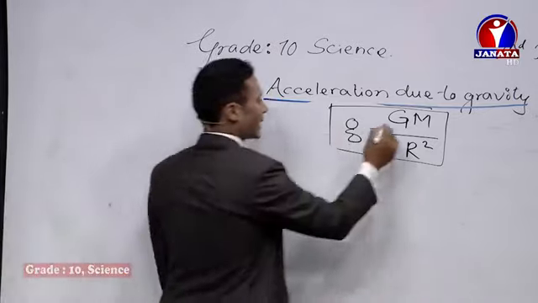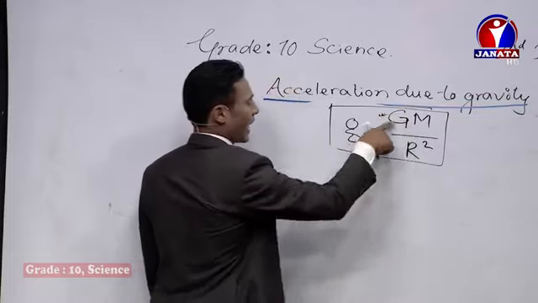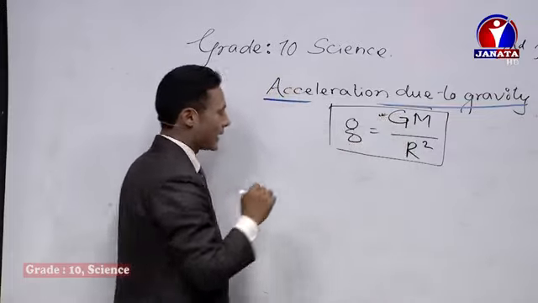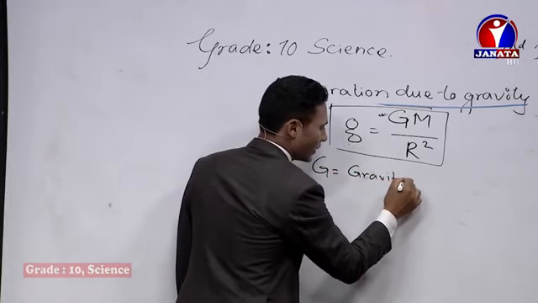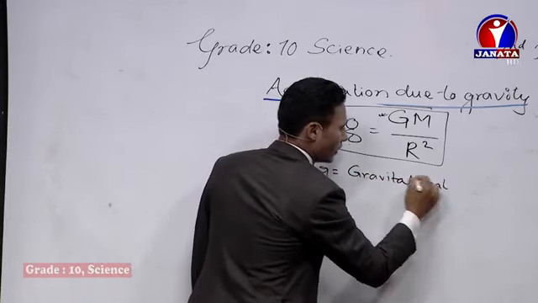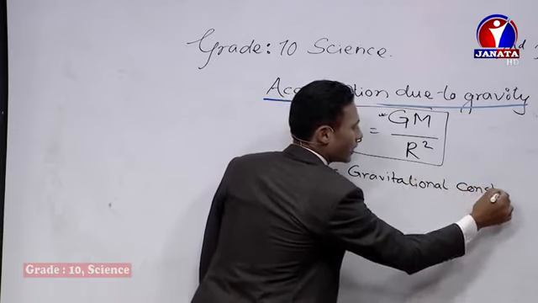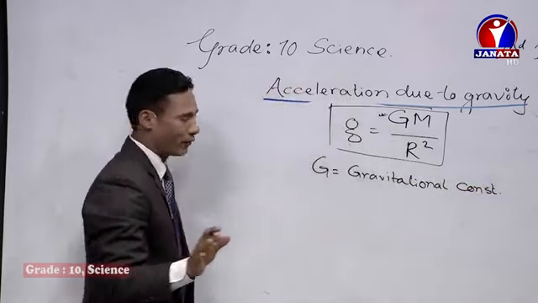Now this capital G is the gravitational constant, that means the value is constant everywhere, right?